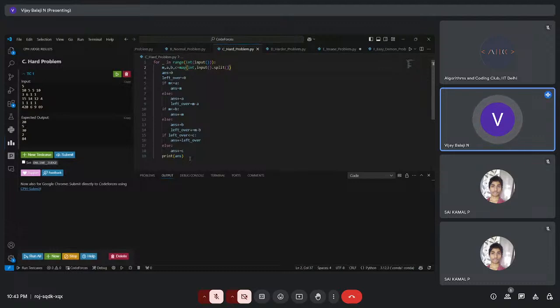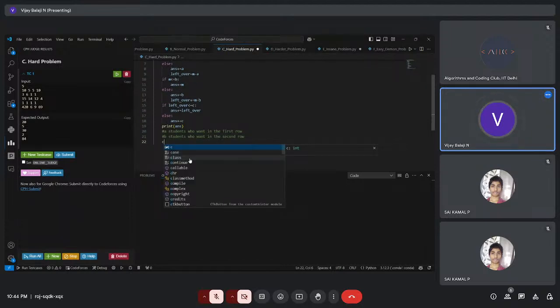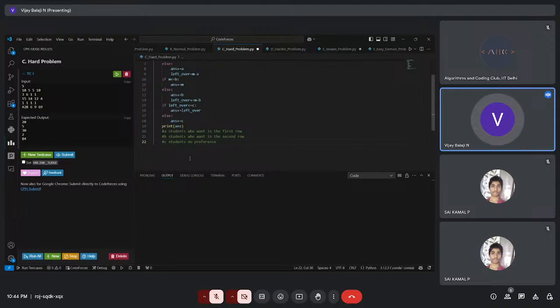There are a students who want to sit in the first row, b students who want to sit in the second row, and c students who have no preference.